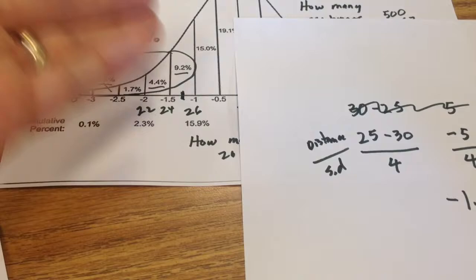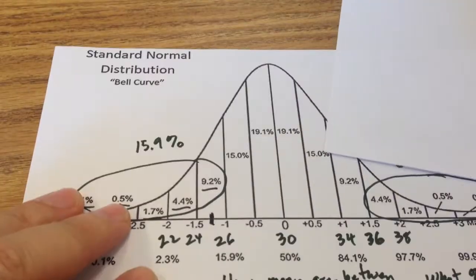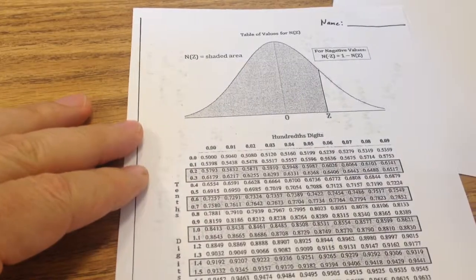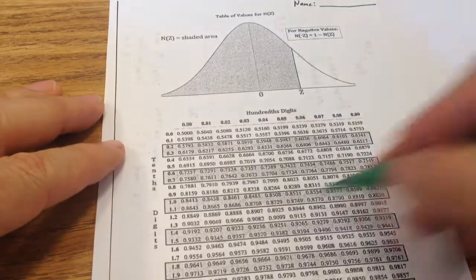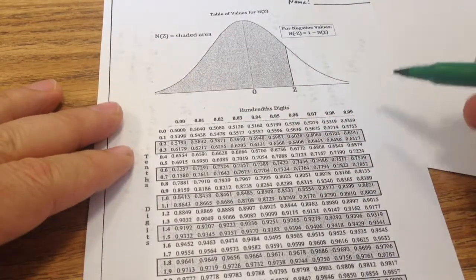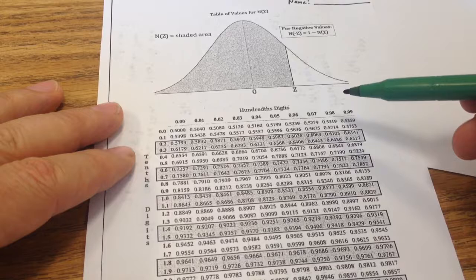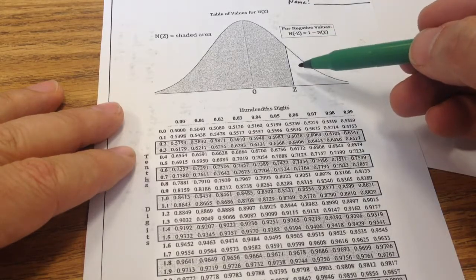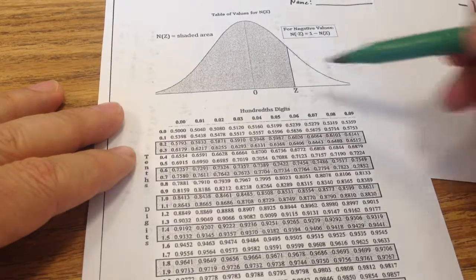Now, how do I find that number? I mean, this is a nice, neat chart if I'm only doing things at ones and halves. Well, on the other side of it, I have what's called a z-table. This is probably a little hard for you to read on the screen. These come in different flavors, but this one basically says, what is the percentage for some z number, for some number of standard deviations above the mean?